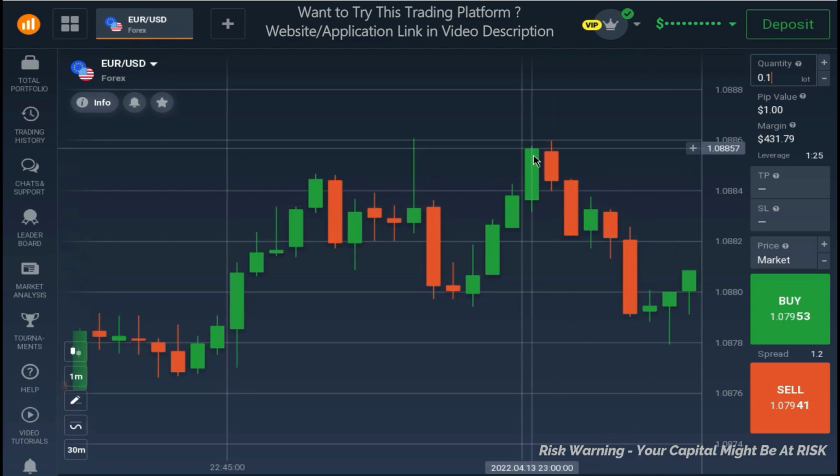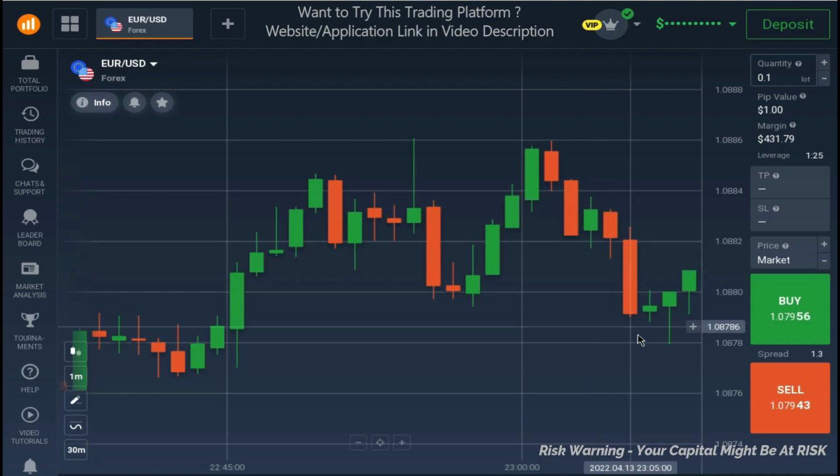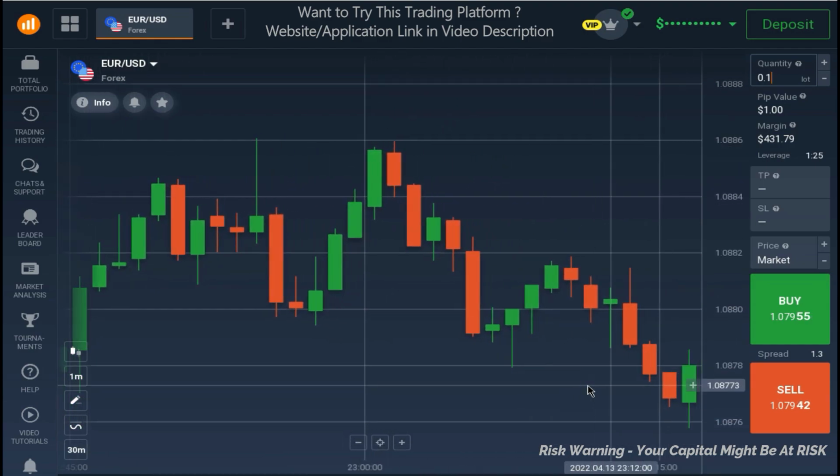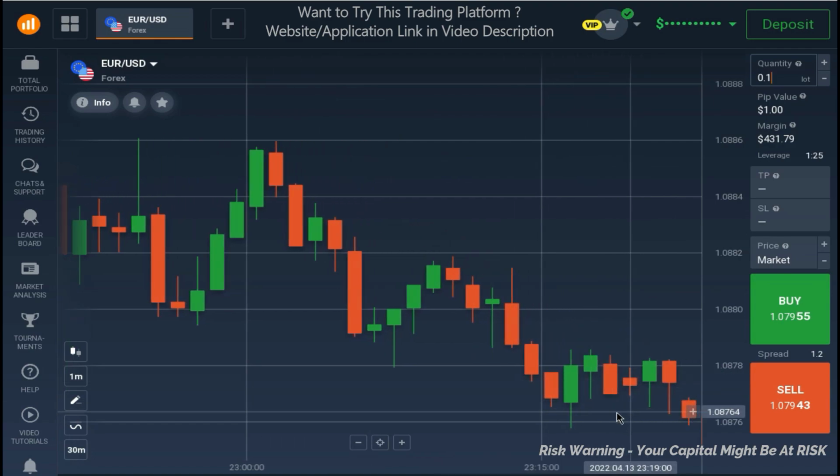Now this is the high, this is the low, this is the lower high, and this is the lower low. It confirms that the market is now in a downtrend, and you can see the market is moving in the downward direction.